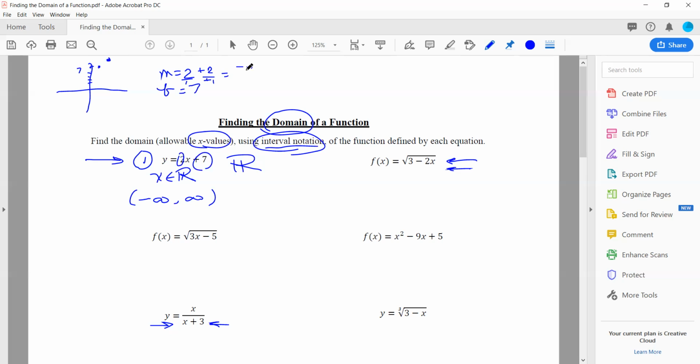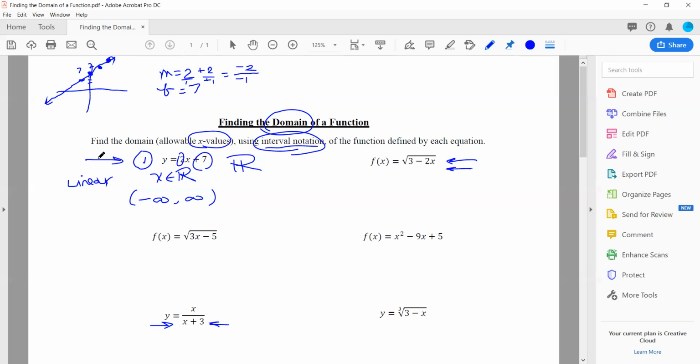We can also do the negatives, down 2 to the left 1. Either way you go, it's not a very straight-looking line here, but this is linear.